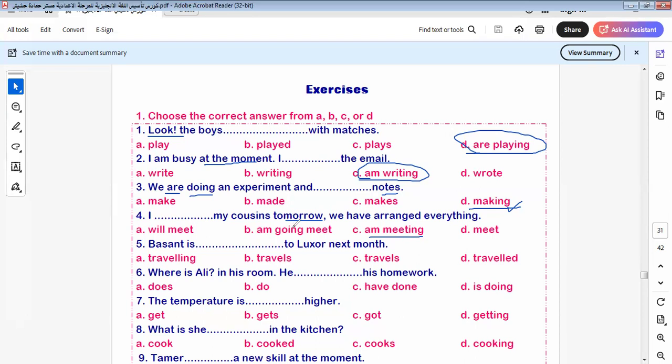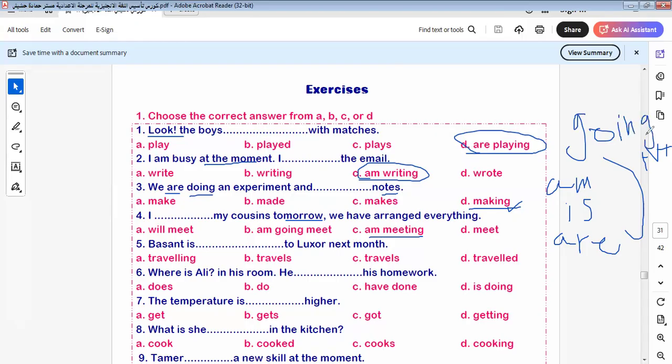Why? Because some of you are saying, we talk about continuous tense expressing future. Yes, we have continuous tense expressing future. By what? By am, is, are, and we talk about this later. Okay, am, is, are plus going to, and put the verb in the infinitive form, going to plus the infinitive of the verb.